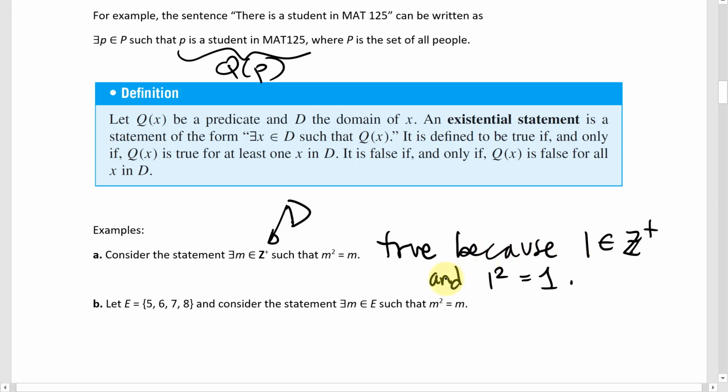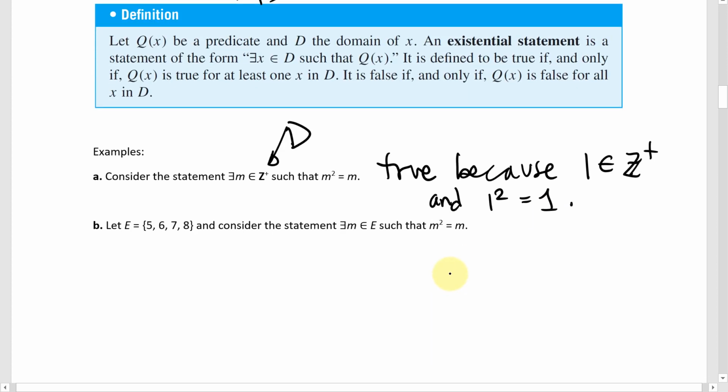But if we change the set D, or rename it and just say some set E on which we have this existential quantifier being used, well, the set E is just the numbers 5, 6, 7, 8. So we consider this statement, there exists some m element of the set E such that when you square it, you get the value you started with.